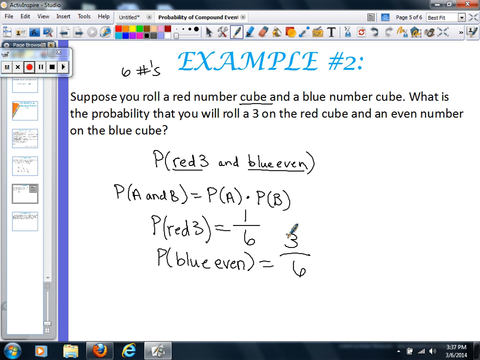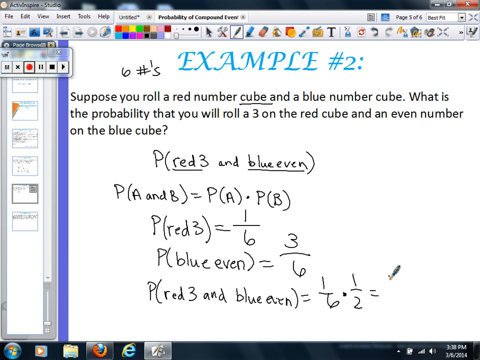Alright? Now I'm going to take these events and I'm going to multiply them together. Alright? So I have the probability of red 3 and blue even is going to equal 1/6 times 3/6, which is 1/2.